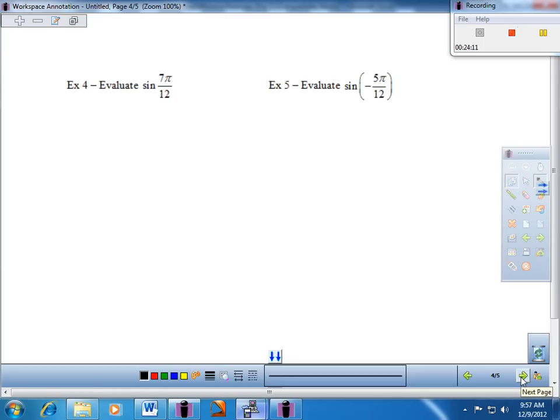So first and foremost, it is helpful to understand, well, sine of 7 pi over 12, well, remember everyone, 7 pi over 12 is really 7 15s. So remember, every pi over 12 radians, as we saw at the beginning of this lesson, is 15 degrees. So if I asked you for the sine of 7 pi over 12, in terms of its degree equivalent, that would be 105 degrees. So that's essentially what I'm asking for.